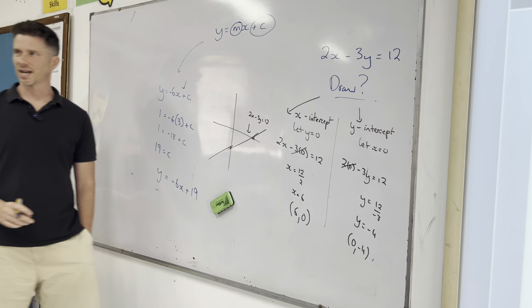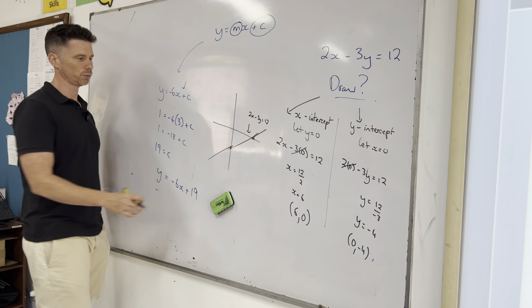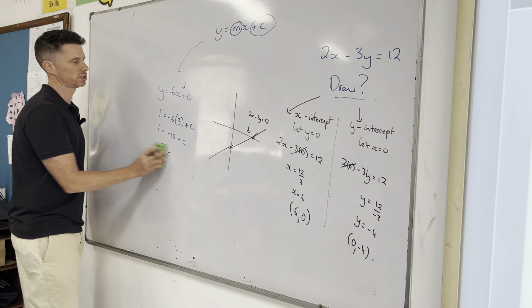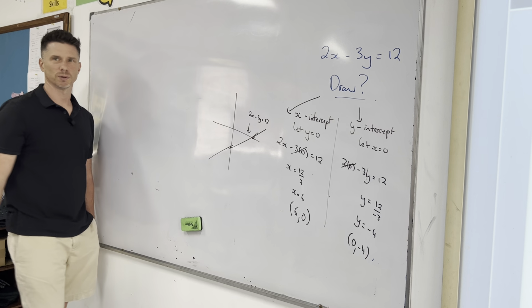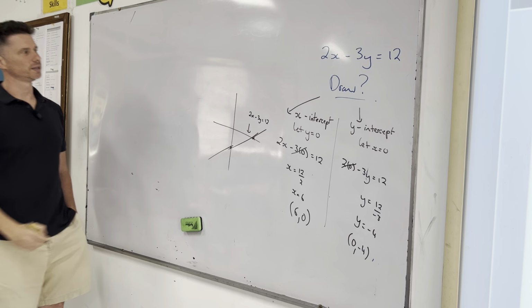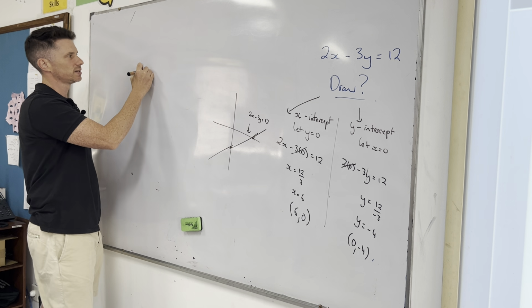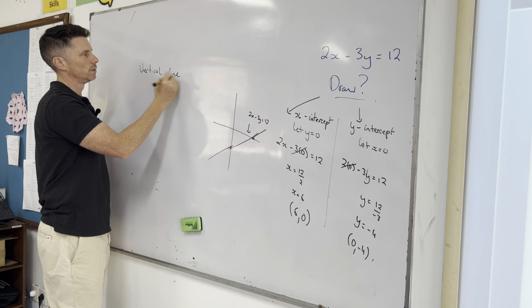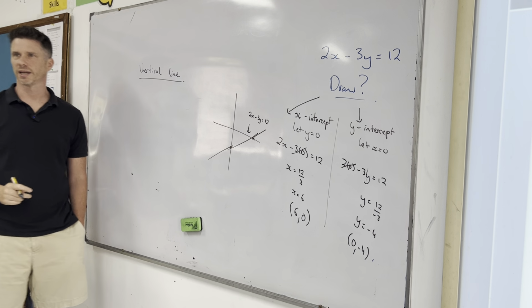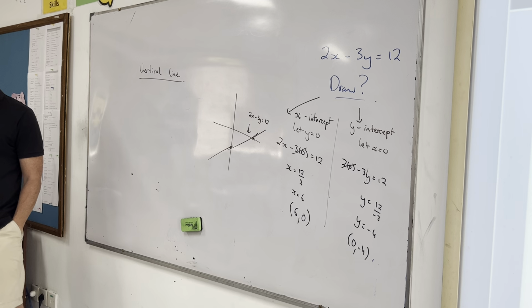Okay? And the last thing are the 2 special lines, the one with no defined slope and one with a slope of 0. They are vertical and horizontal lines. So a vertical line we'll do first. The equation of a vertical line, can anyone just give me an example of the equation of a vertical line?